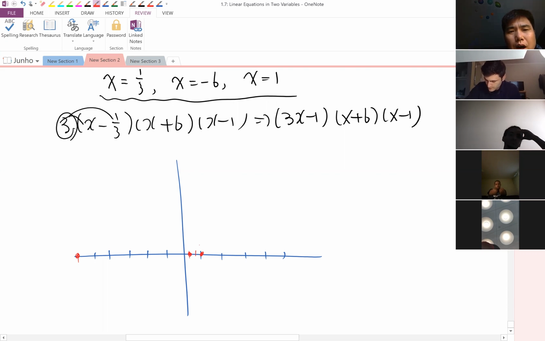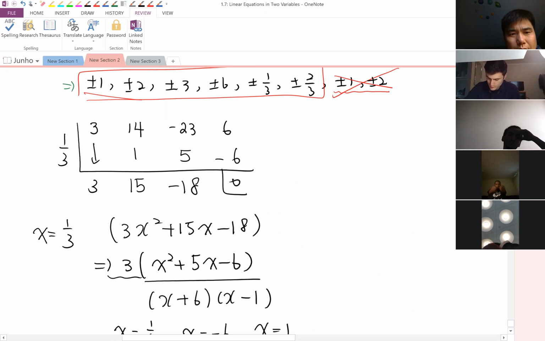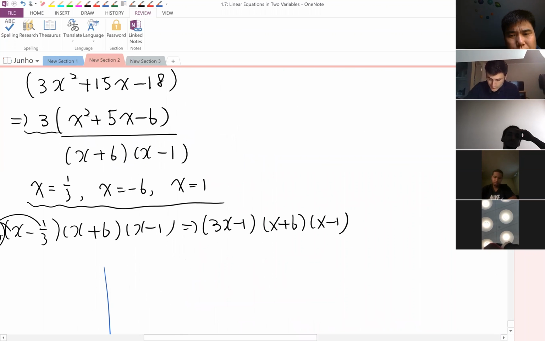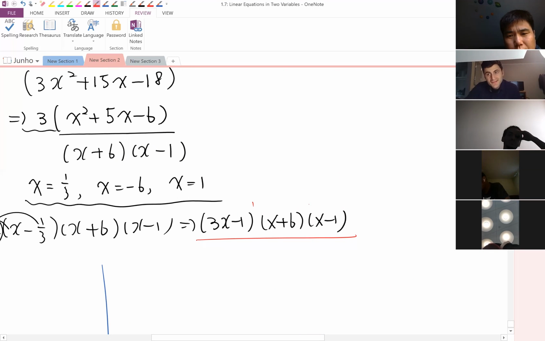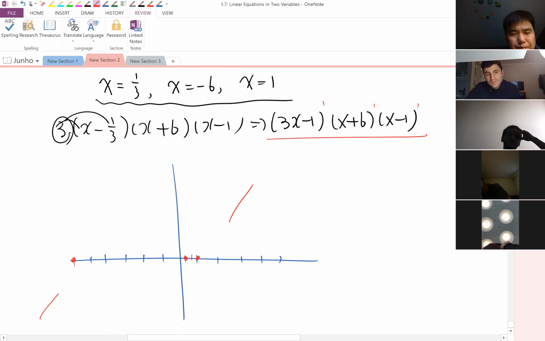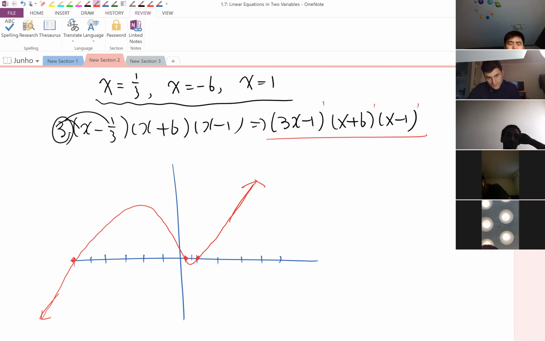And this is an odd function, since the original is x cubed. All the factors have a single degree here, so I know that it starts from here and then goes here. So I can make it like this, like that. Make sense? So that's the number 5 answer.